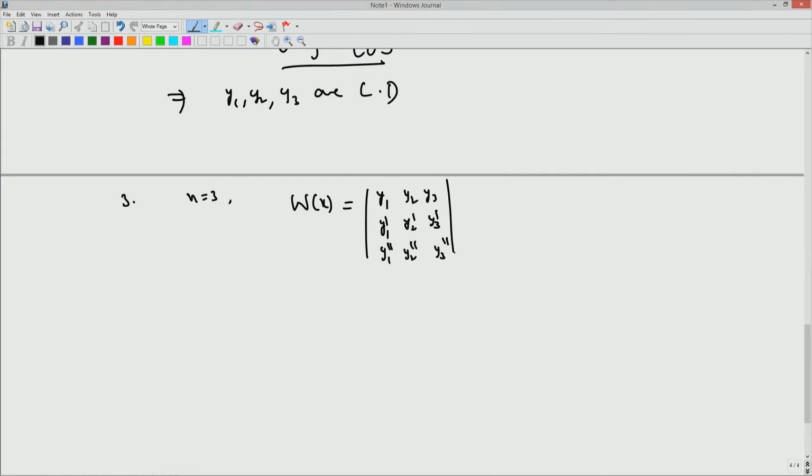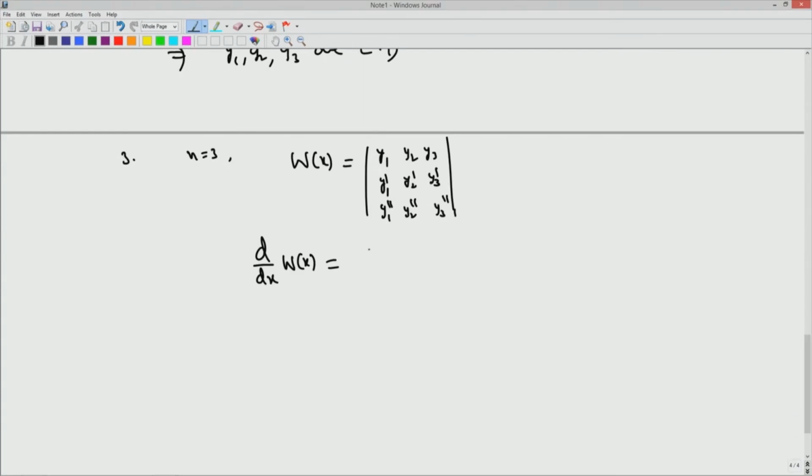So what is the meaning of the derivative? d dx of W of x, where y1, y2, y3 are solutions. You make this Wronskian. Once you differentiate the determinant, what is the procedure?